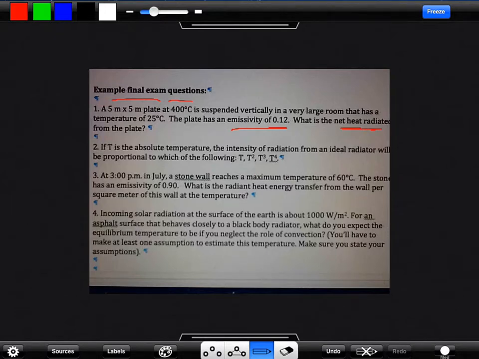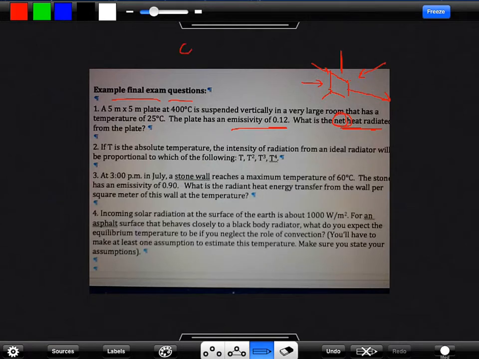This net heat radiated means this idea that the plate is suspended inside of a large room. So the room itself is transmitting heat to the plate, and the plate in turn is transmitting heat.